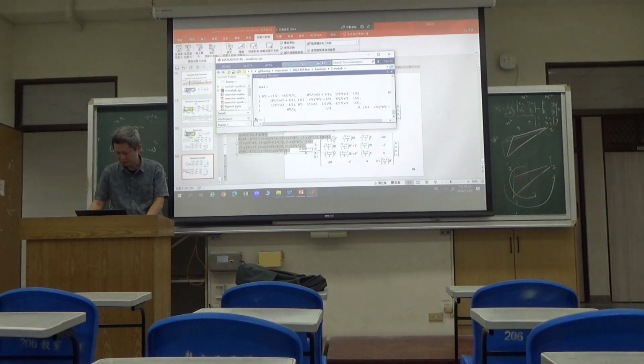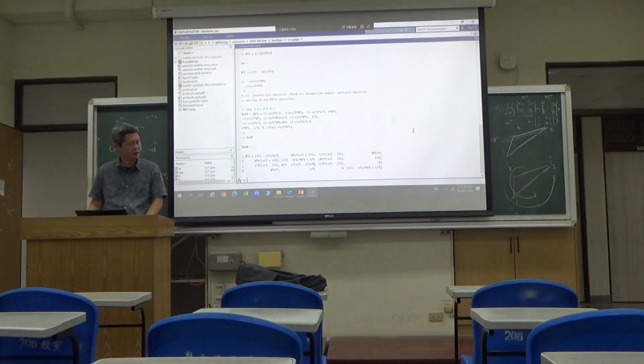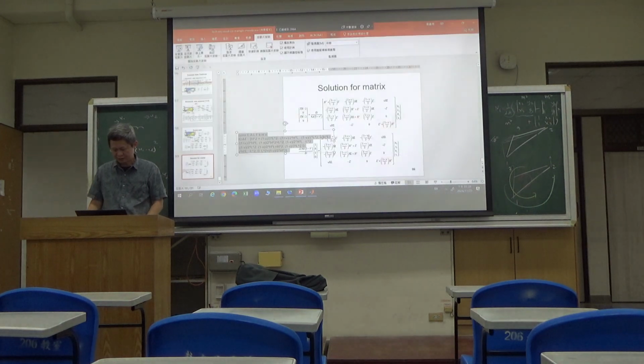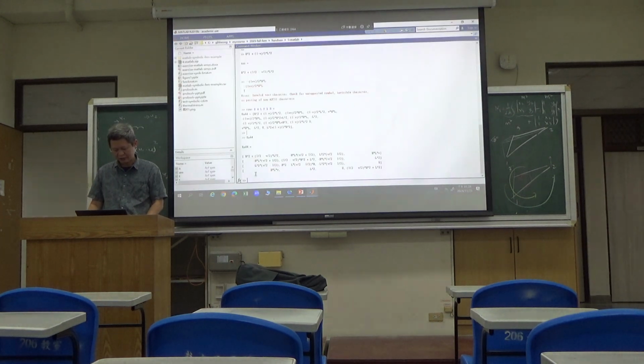Okay, this is the stiffness matrix. And then next, let's find the force vector.